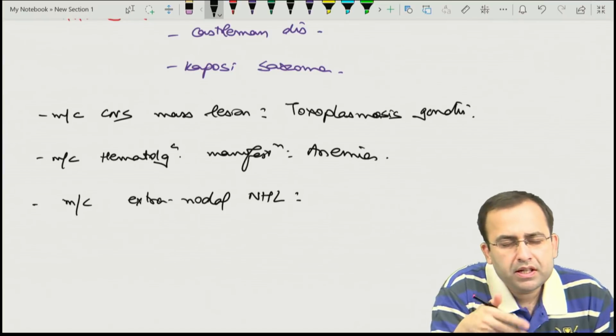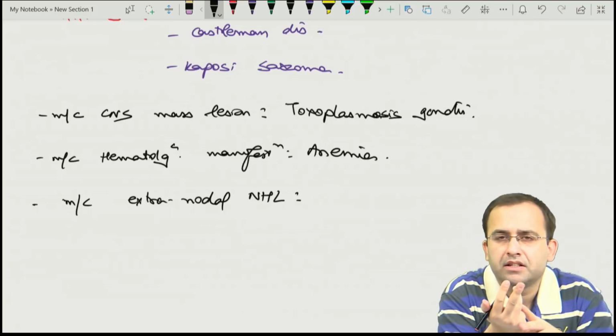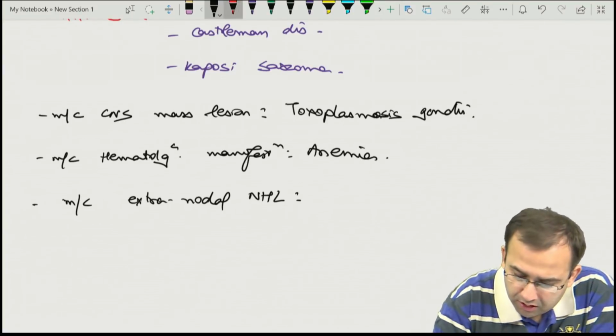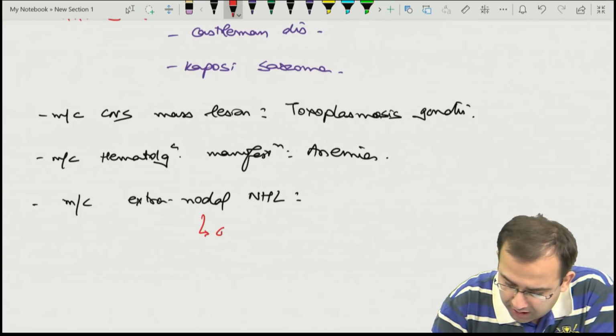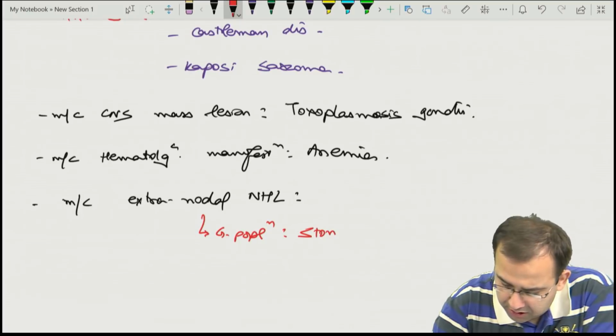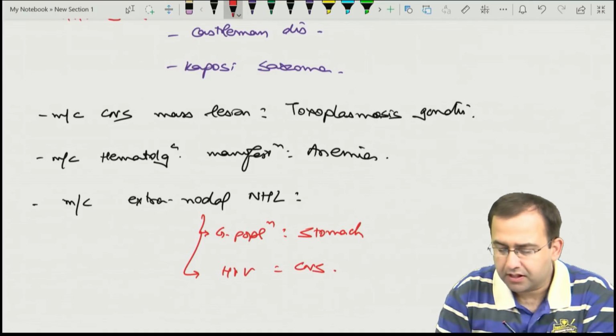What are the usual sites of extranodal lymphomas? GIT, that is stomach, intestines, and CNS. Most common site of extranodal non-Hodgkin's lymphoma in general population is stomach, whereas in HIV it is CNS.